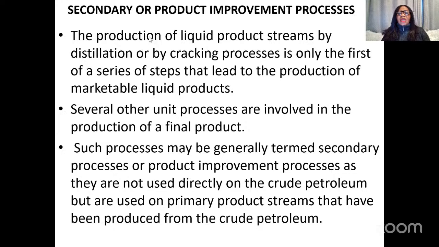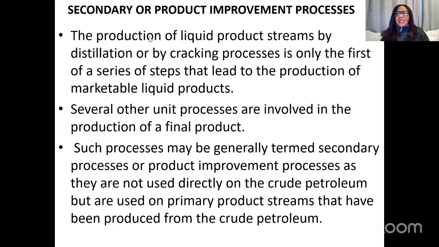There are several steps you can take to do this. So we have several other unit processes that are involved in the production of final products. Such processes may be generally termed secondary processes or product improvement processes.